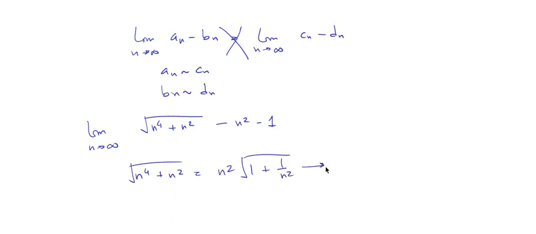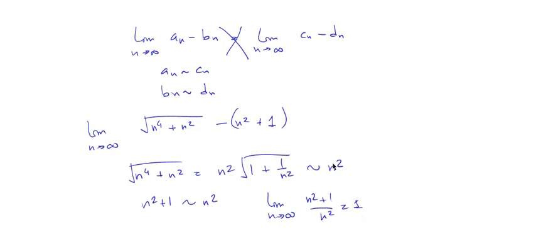So this is asymptotically, the limit of this divided by n squared is 1, so this is asymptotically equivalent to n squared, right? It's easy to prove. And then you have n squared plus 1, well, this is also asymptotically equivalent to n squared, right? If you compute the limit when n goes to infinity of n squared plus 1 over n squared, you get 1, right? So you could say this is n squared minus n squared, which equals 0, okay, which is not true.